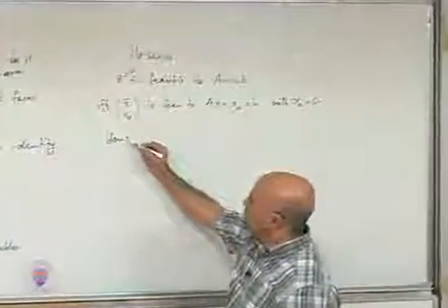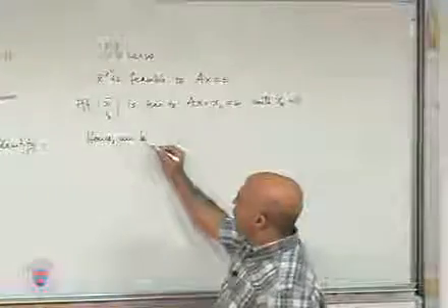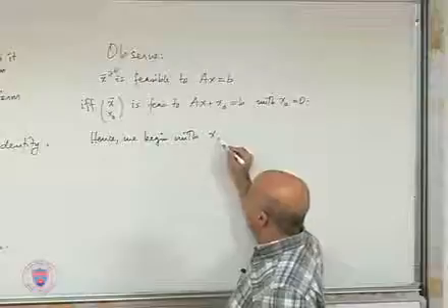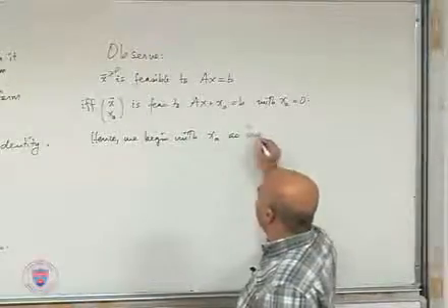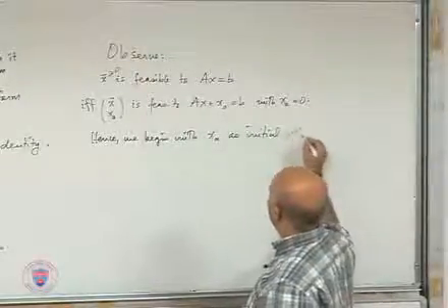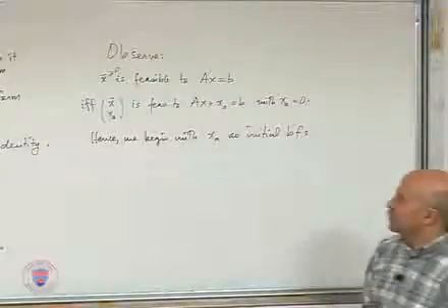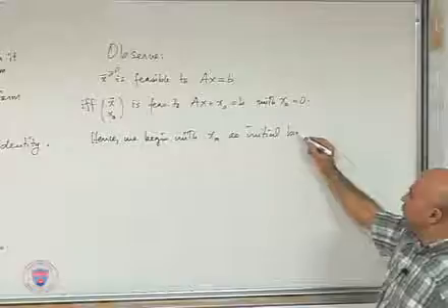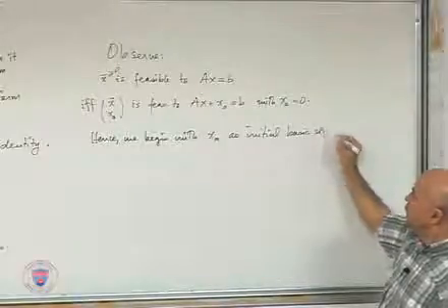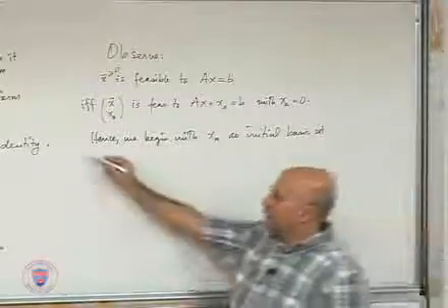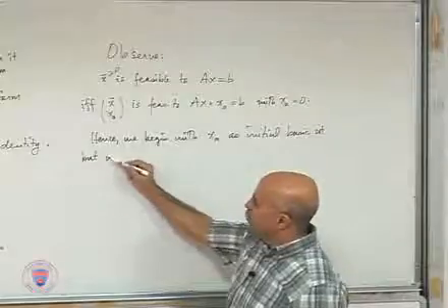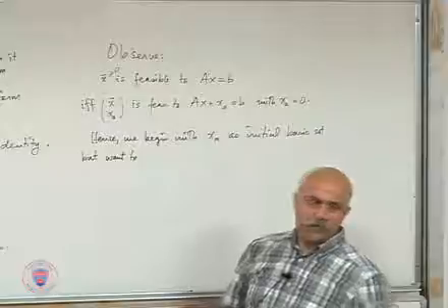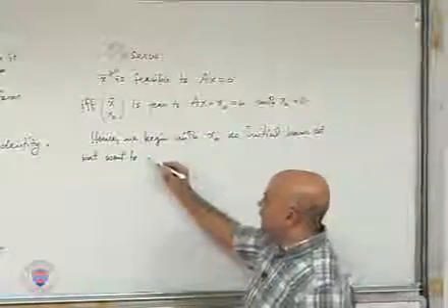All right. So what do we do here? Hence, we begin with XA as the initial basic feasible solution, or basic set of variables, but we want to obtain XA equals 0 when we optimize.